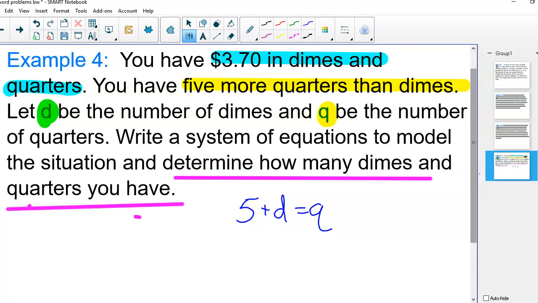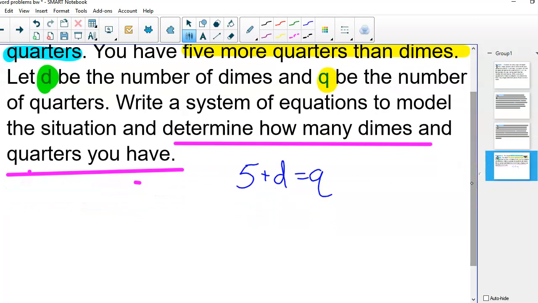We know we need to use 3.70 as our total. I said that Q plus D is not exactly right, but you are going to use those. What do Q and D represent? Quarters and dimes.